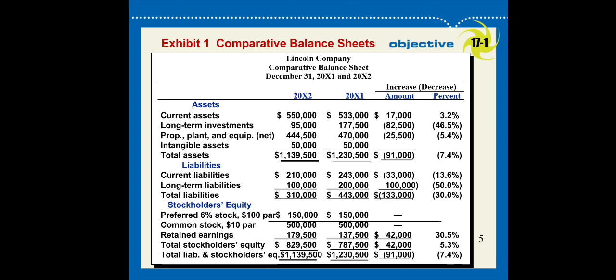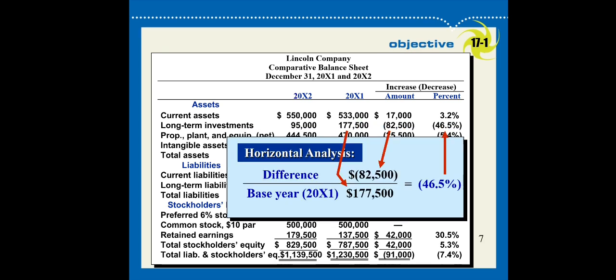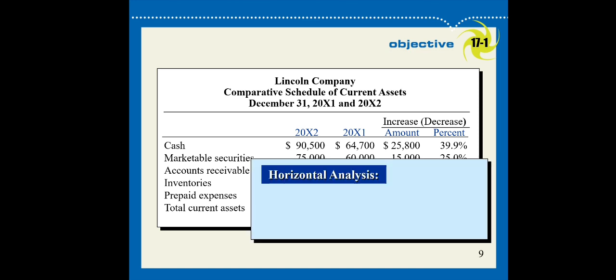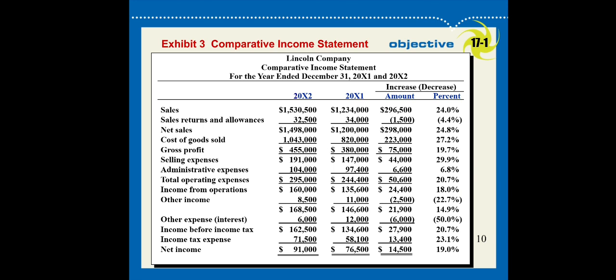So now we will say that the conclusion after doing the analysis is the business is not getting worse because the decrement in asset is small compared to the decrement in liabilities. Okay, so that is about the balance sheet. So don't worry about this thing.